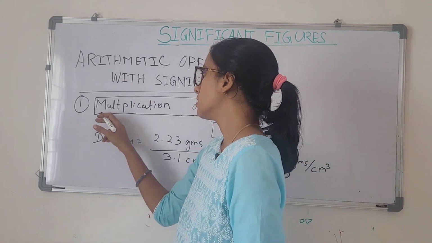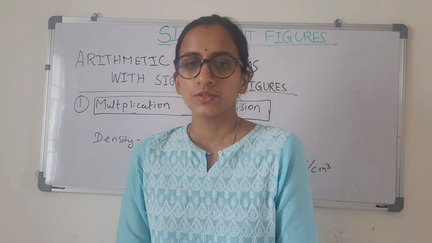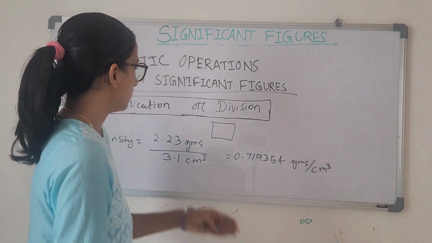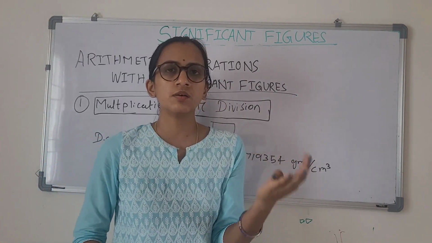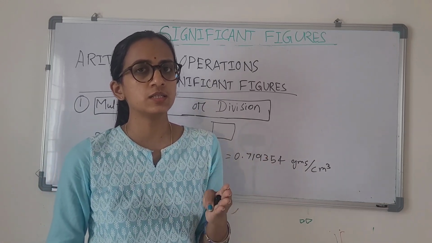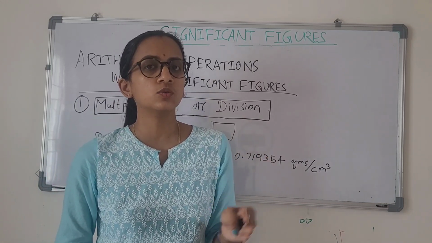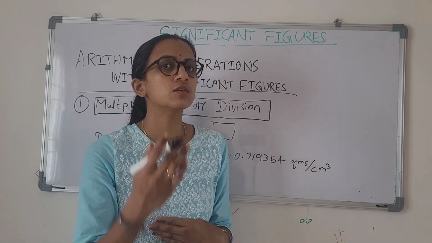First, we will see the law for multiplication or division. When you are doing any multiplication or division, your resultant value should have a number of significant digits equal to the least number of significant digits in the question.